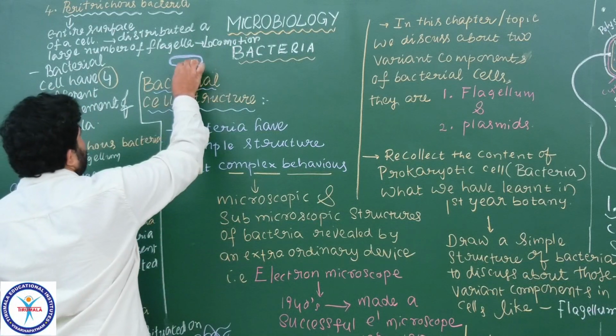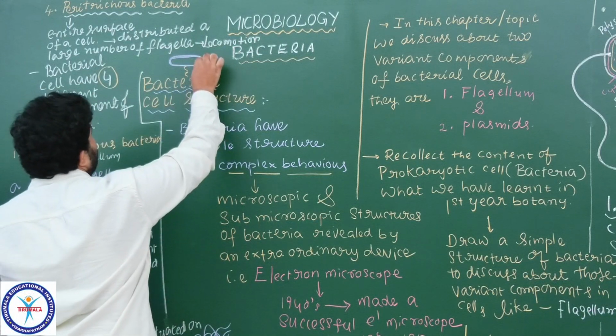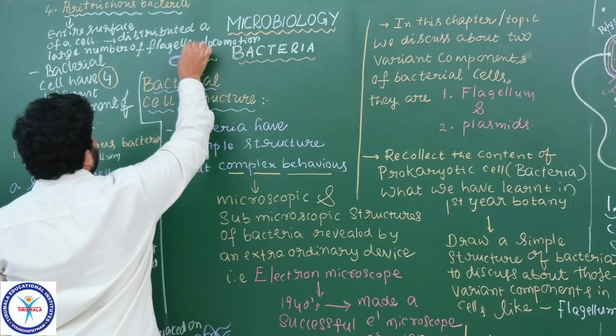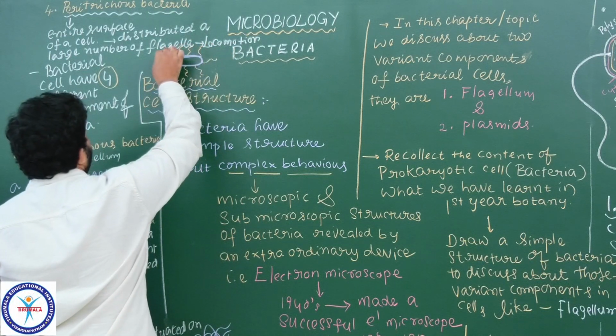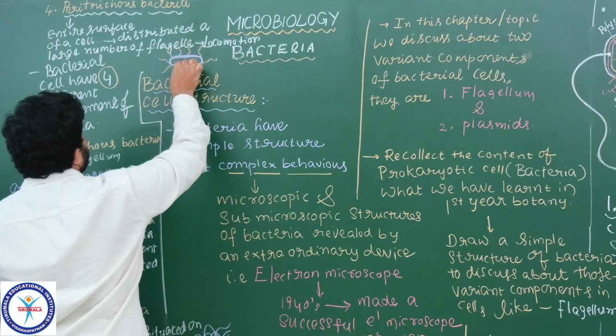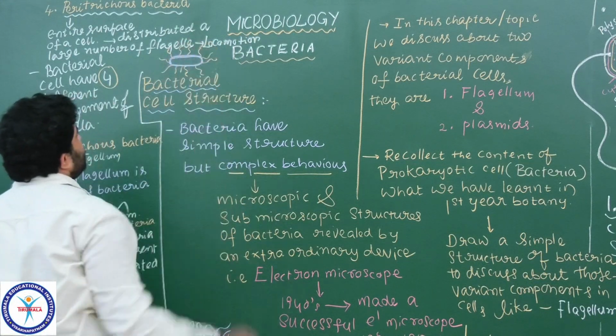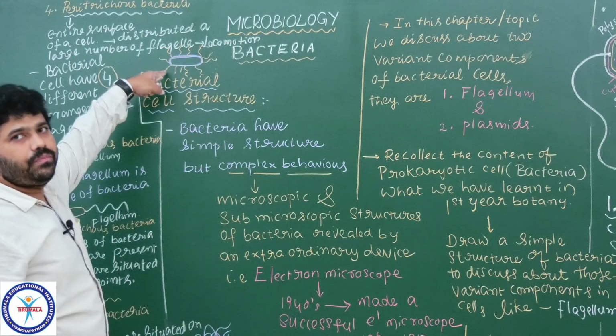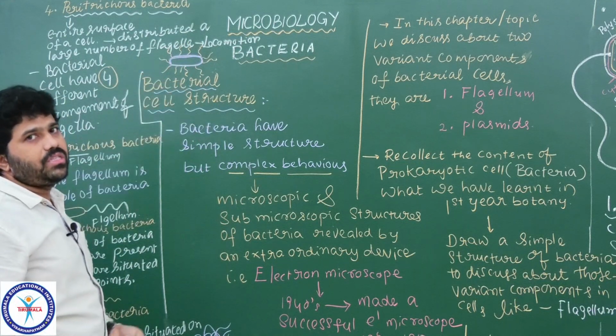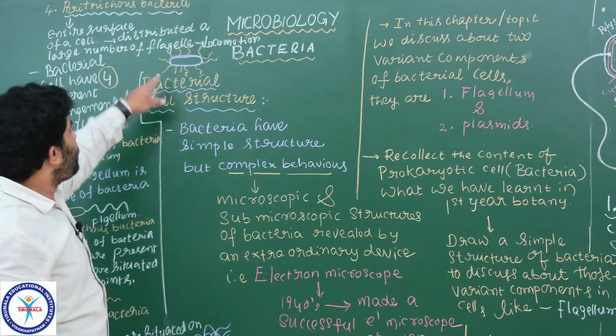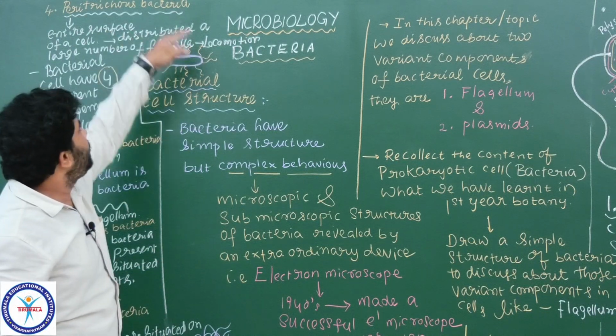See, flagella, like that number of flagella they are going to exist here. So the entire surface of the bacteria is distributed by a large number of flagella. This type of bacteria we are calling peritrichous bacteria.